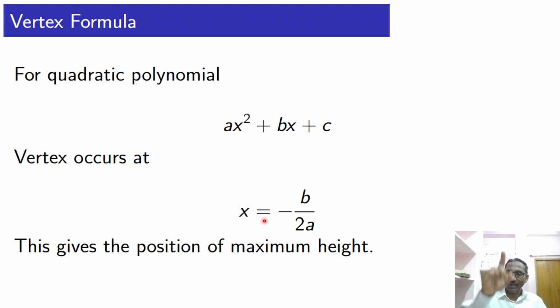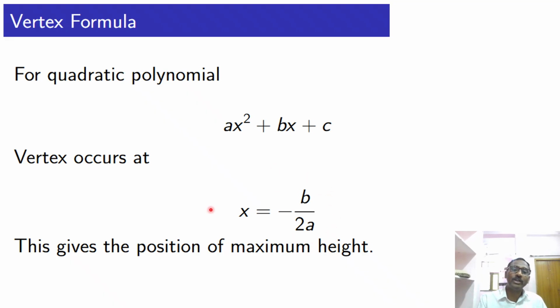In the earlier slides we had seen the graph, right? What we noticed there is that at the maximum point, x is 1. So minus b by 2a is equal to 1, that is already given.